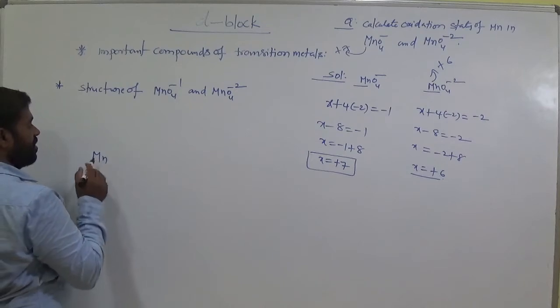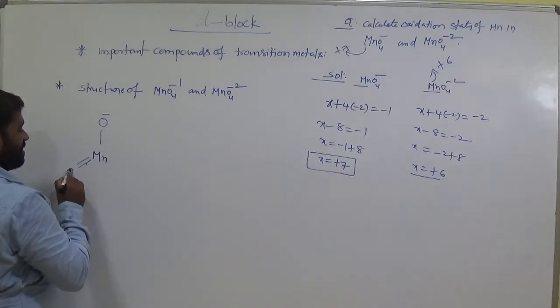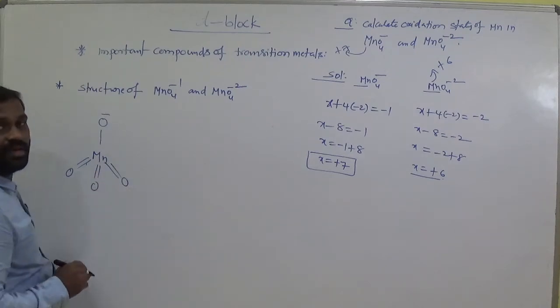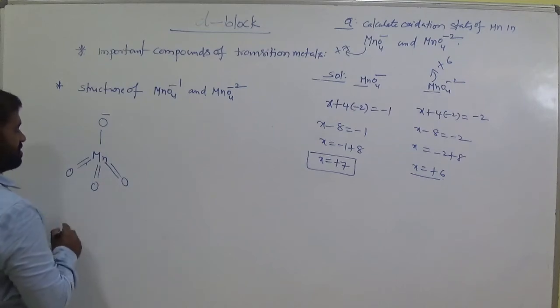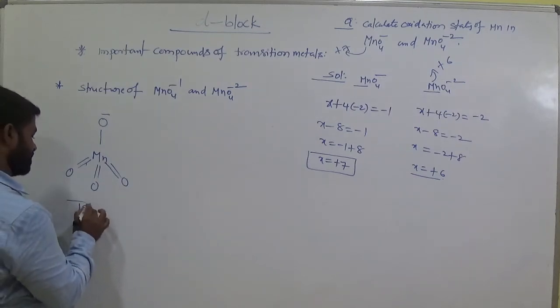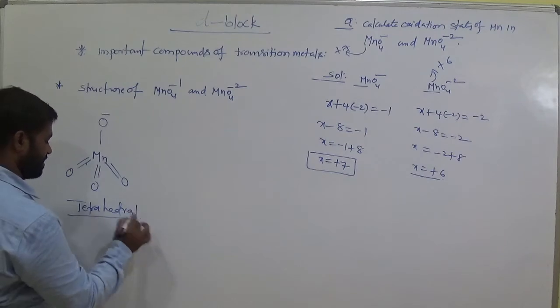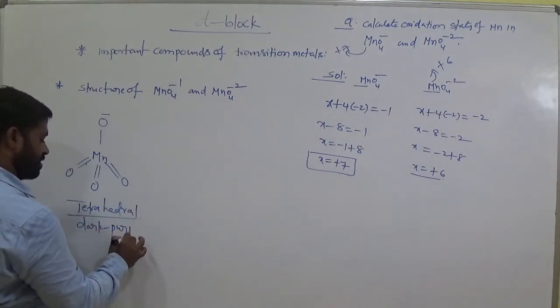Mn. How many oxygens do we have? 4. So this arrangement is a tetrahedral structure.